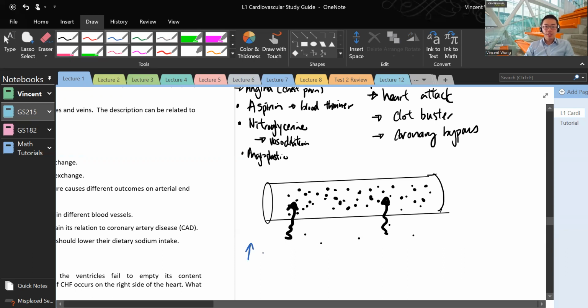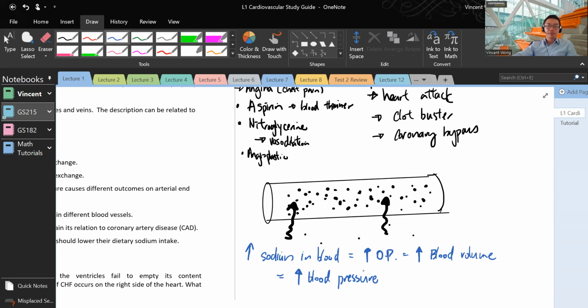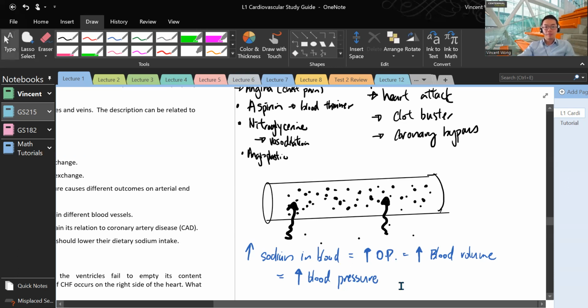So increase sodium in blood equals increase in osmotic pressure, which leads to increase in blood volume, which leads to increase in blood pressure. Okay, so you often hear people say if you have high blood pressure, then don't eat stuff that are too salty. No KFC, no fast food because of this.